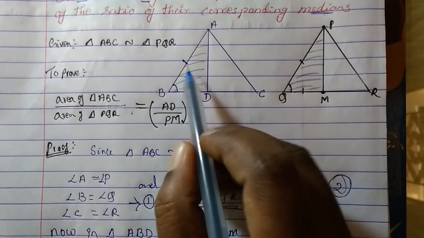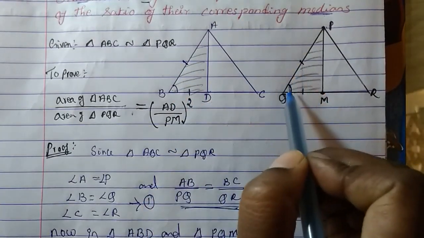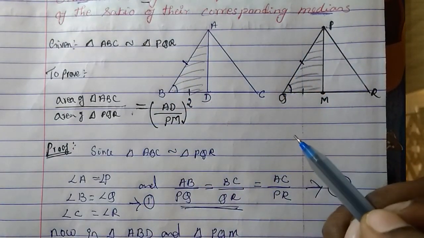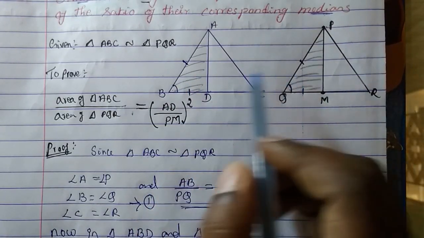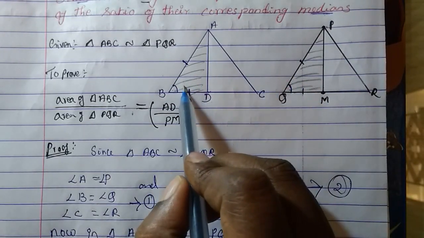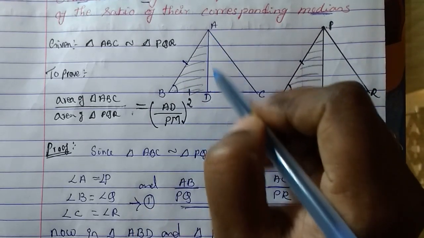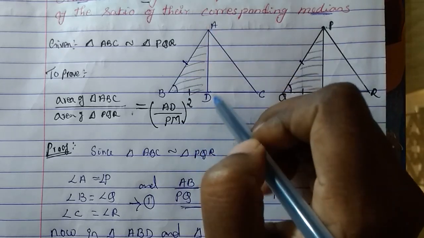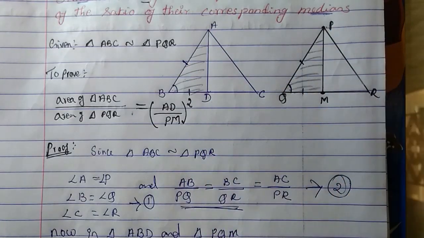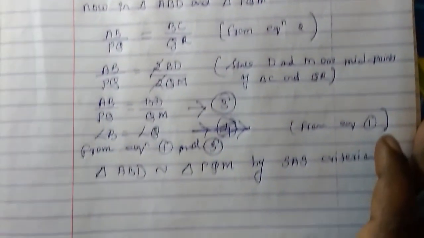Okay, so by side angle side criteria we have proved that these 2 triangles are similar. So if these 2 triangles are similar, then the third side, the ratio also will be similar, the third side is AD upon PM. So that also will become equal.